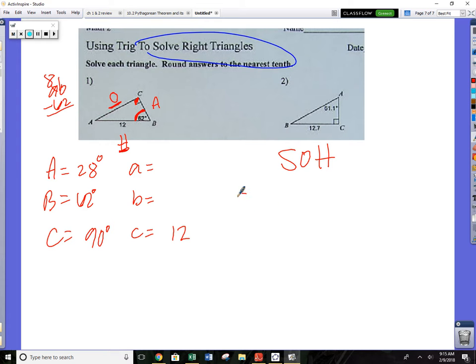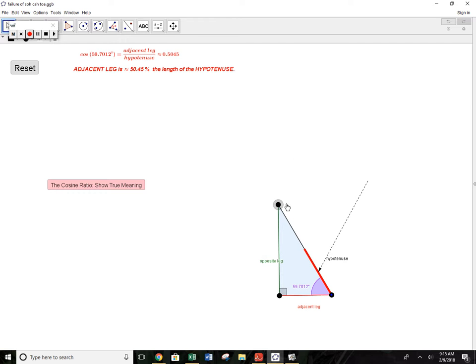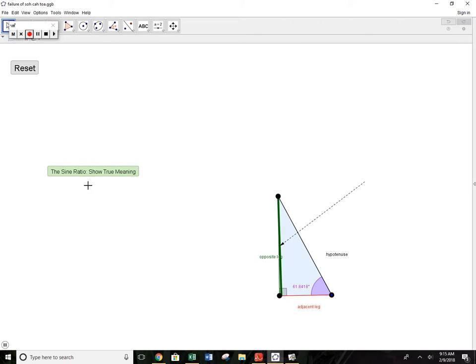So the trig is this. We're going to do the sine from that position, from the 62 degrees. And we already know what that is. Sine from 62, if I've got an angle that's 62 degrees, so 62 is like right there, the sine is going to be almost 88%, so almost 90% of the hypotenuse.